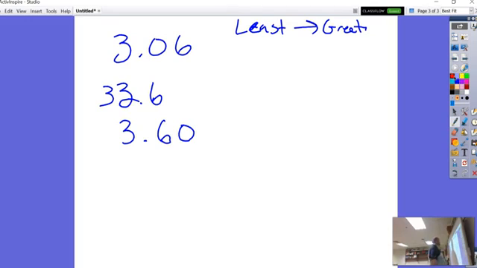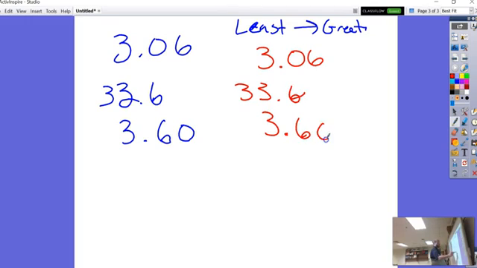All right, welcome back. Let's see how we do. First of all, it doesn't matter what order, I'm going to line them all up. I got 3.06, I got 33.6, and then I got 3.60. Just like in the example, we fill in to make sure all of them have the same amount of digits. We're going from least to greatest.